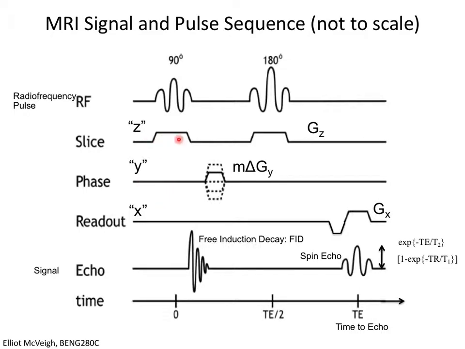If both of these were zero and I pulsed an X gradient, the gradient that usually runs between the right and left side of the patient, now there's a central plane down the patient in the sagittal plane that would give me signal. That would be a sagittal image. So by pulsing those gradients differently, I can select different volumes inside the patient. That's called slice selection.